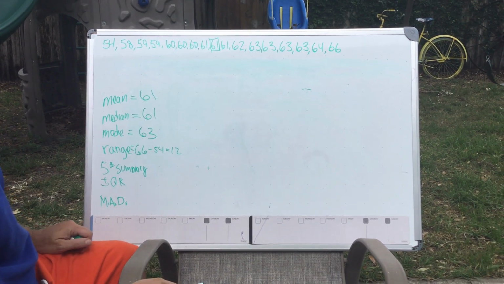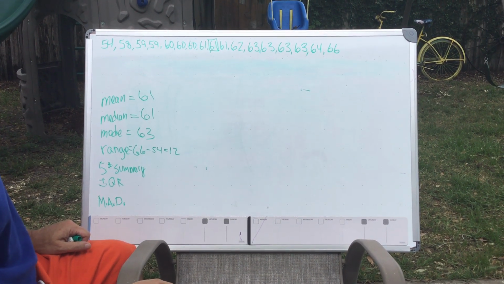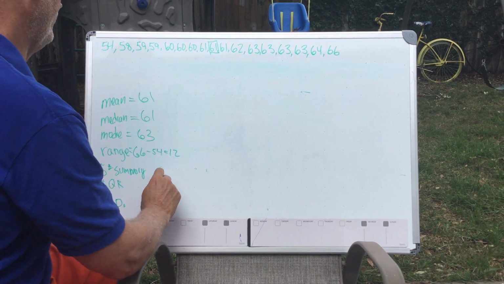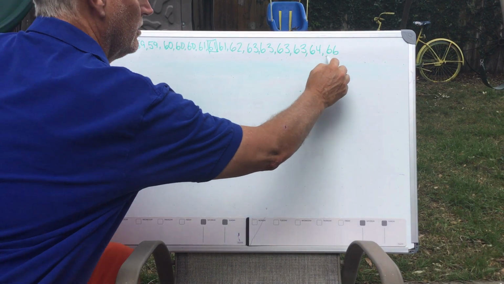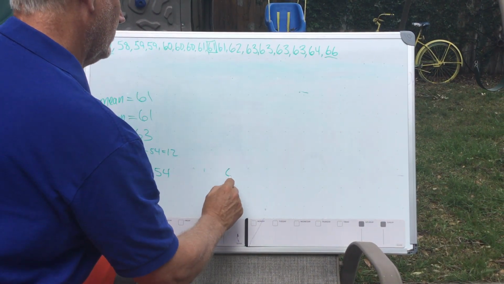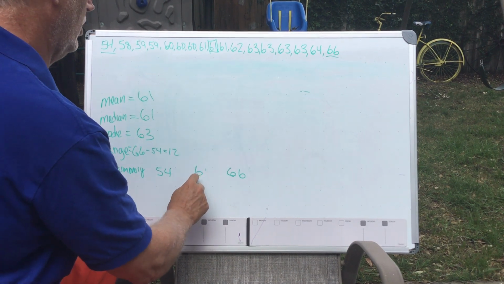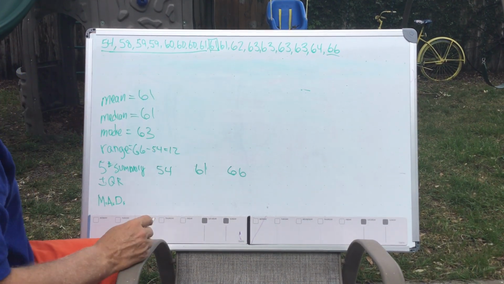So then my 5-number summary, right? My 5-number summary is going to be, my smallest number is 54. My largest number is 66. I'm going to put that. I know my median is 61. So then I need the middle number of this bottom half.